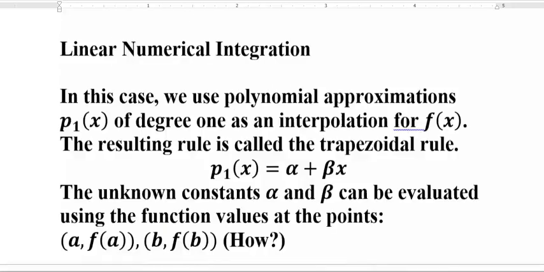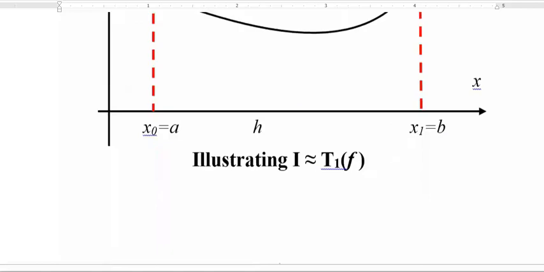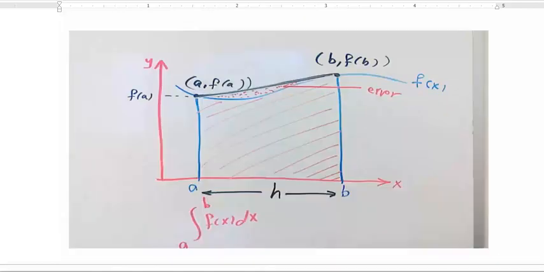To evaluate the area under the curve, we have a curve f of x and 2 points A and B. Here is A and here is B, and here is the value of the function at A, which is f of A, and the value of the function at B, which is f of B. Then we draw a line between these 2 points and take it as an approximation for the curve.